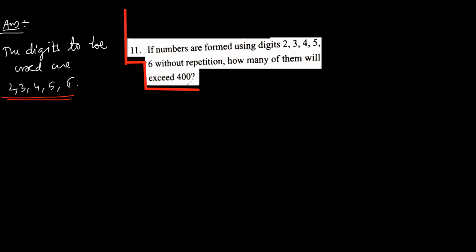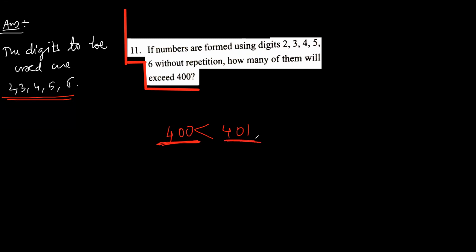Now see here, to make a number greater than 400, what do you understand? The number can be a three-digit number. See, the number has to be greater than 400. That is, you have to have number 401 onwards.